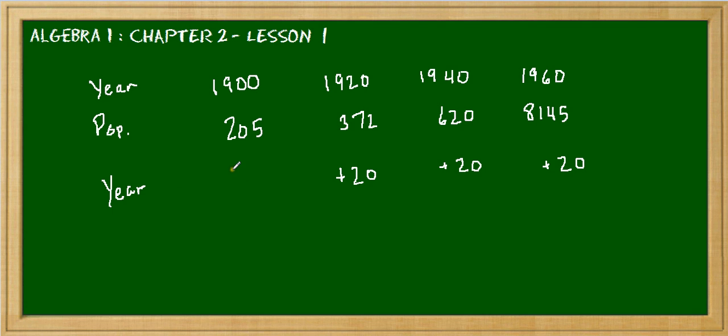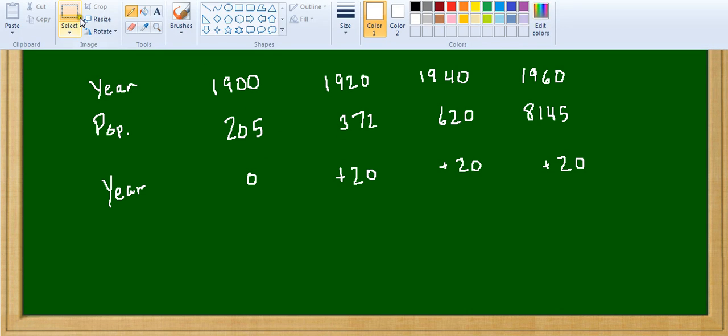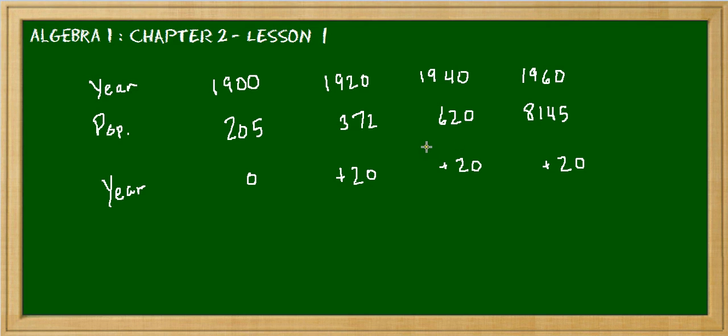So, if we started at 0, we added 20 years. In fact, I'm going to change this and simply state that from the point of 0, we actually increased. We know that it went 20, 20, 20, but if we say this is point 0, the beginning, this number would be 20.